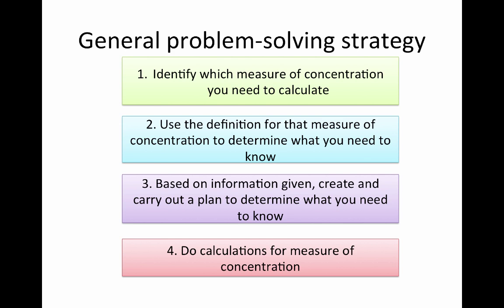Next, use the definition for that measure of concentration to figure out what it is you need to know. When you have a list of all the things that you need to know, you can create a plan to determine each one of those things, and you'll go through all those steps. Once you have all that information in hand, you can then calculate your measure of concentration.